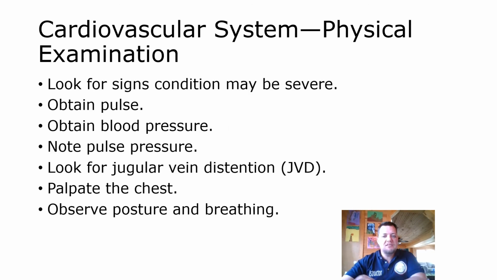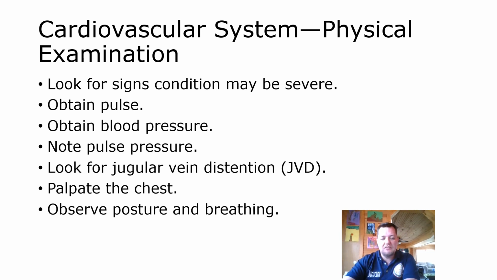Okay, so for the physical examination, we're going to look for signs that their condition may be severe. Obtain a pulse, obtain blood pressure, note the pulse pressure, look for jugular vein distension, and palpate the chest. We're going to also observe posture and breathing.